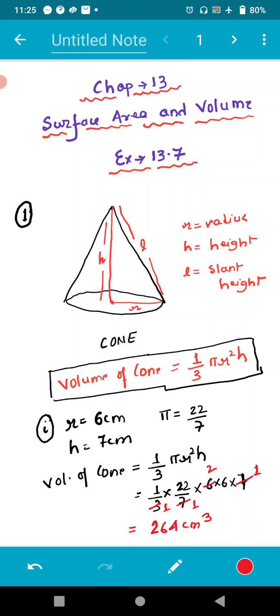Now let's move on to question number 2. In question number 2 also we have two sums, so I will explain only the first sum. In sum number 1, we have to find the capacity.